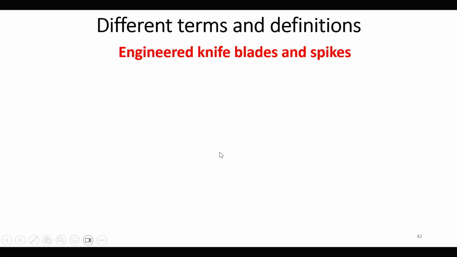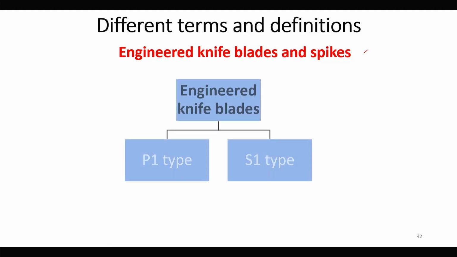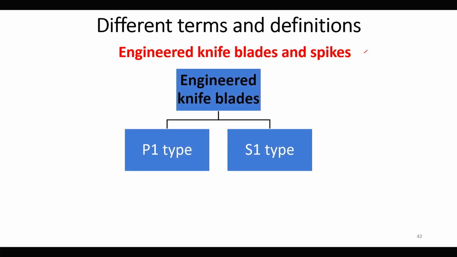So, the engineered knife and spikes, let us see the dimensions. There will be two types of knife blades, P1 type and S1 type, as we have already mentioned earlier.